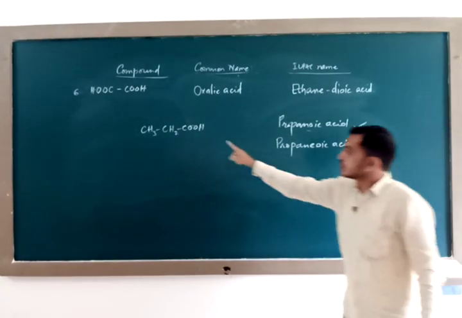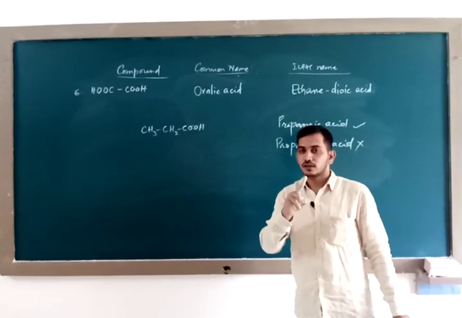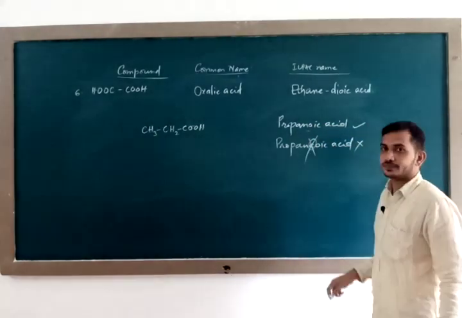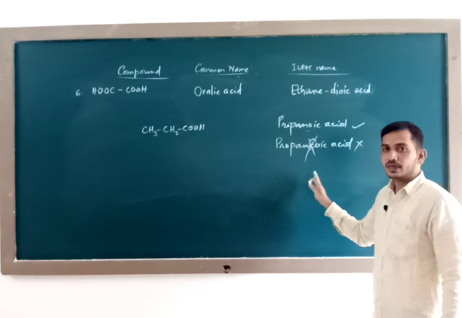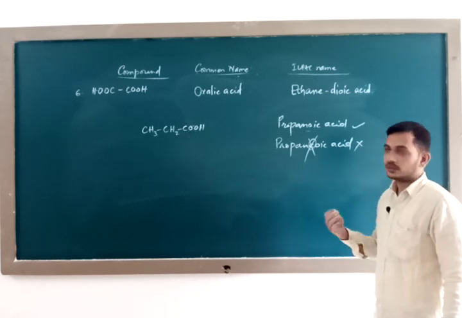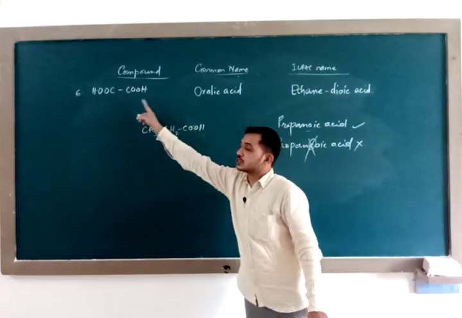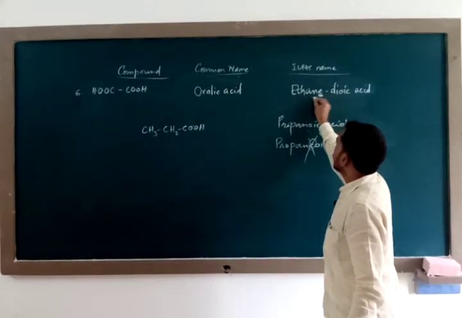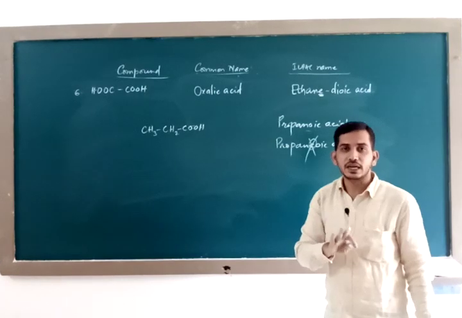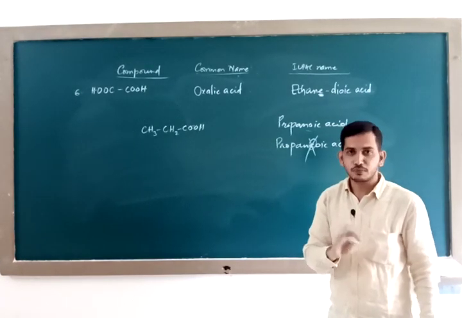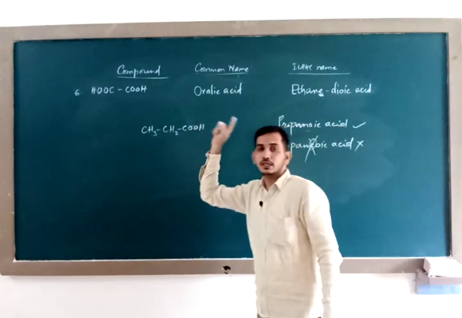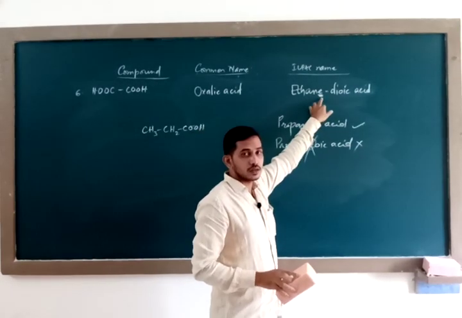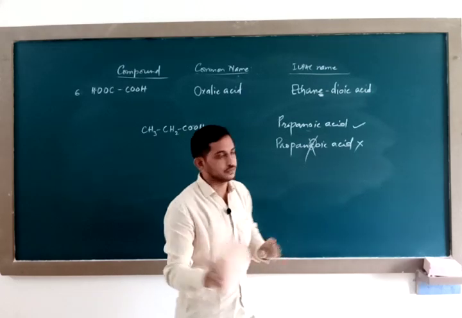If the functional group has appeared only once in the formula, then the E of the primary suffix should be removed. If the functional group appears more than once, then the last letter E should be retained and not removed. So its correct name is ethane dioic acid, where ethane ends with E.